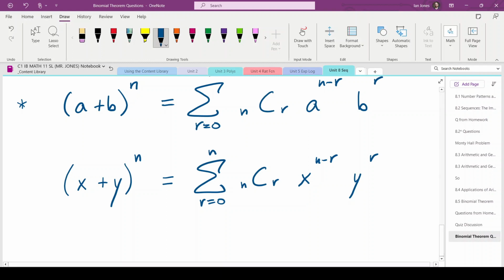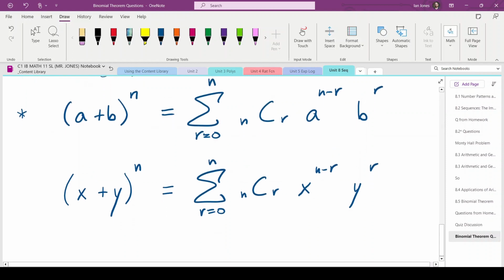So if we have a lot of a's and b's, then we want to use x's and y's. And if we have a lot of x's and y's, we'd prefer to use a and b so that we don't get confused between what the variables are and what's going on in the binomial theorem. And I'll discuss this more as I go through the examples.